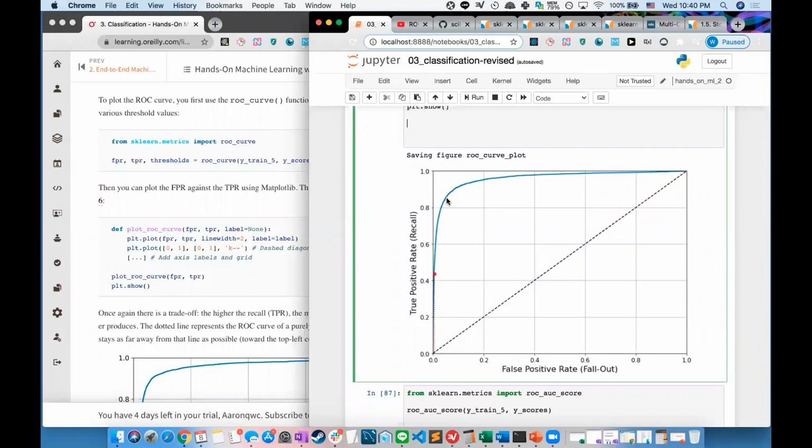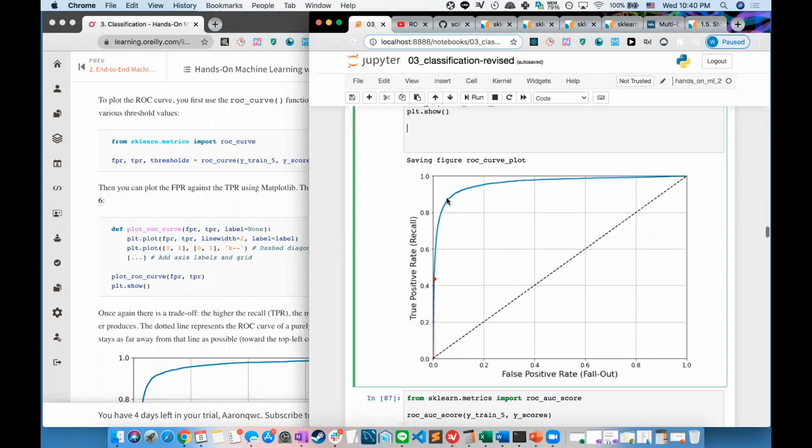Right. Is that optimal operating point provided to you in terms of, like, use these hyperparameters to achieve that upper leftmost point? No, you actually determine it yourself by running through all the possible thresholds, calculating that blue curve, and then locating on that blue curve the point that is closest to the top left corner.